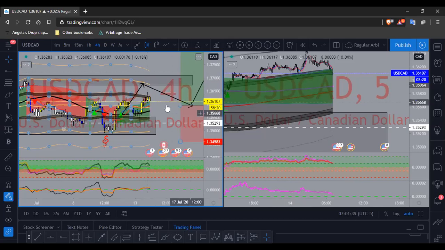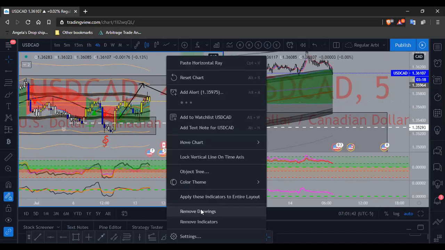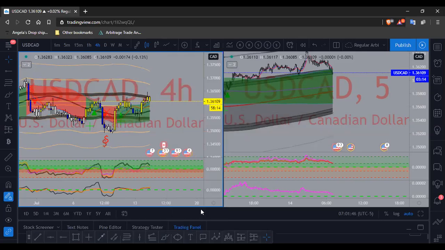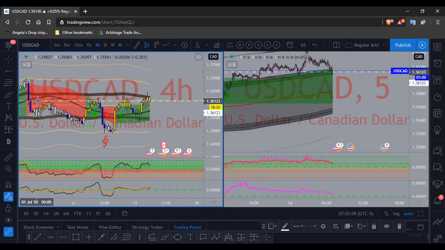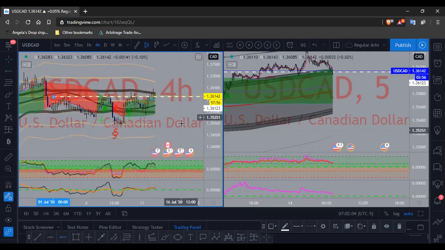Let me just take all this off. So with UCAD, it's currently rejecting off of the upper danger zone. It could very well just hold at this level and then continue going bullish, which I don't think it will.